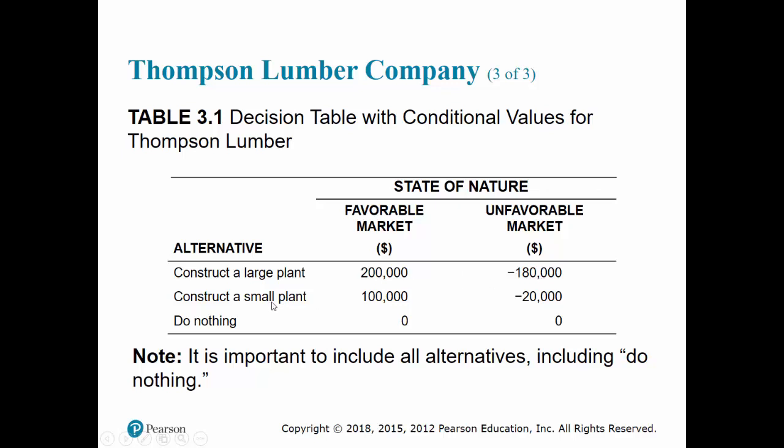If we construct a small plant, we make $100,000 if it's a favorable market, or we lose $20,000. So our downside risk is smaller than if we build a large plant and we end up with an unfavorable market. And do nothing is of course 0 and 0. So now let's head over to Excel and look at the different possible ways to analyze this problem.